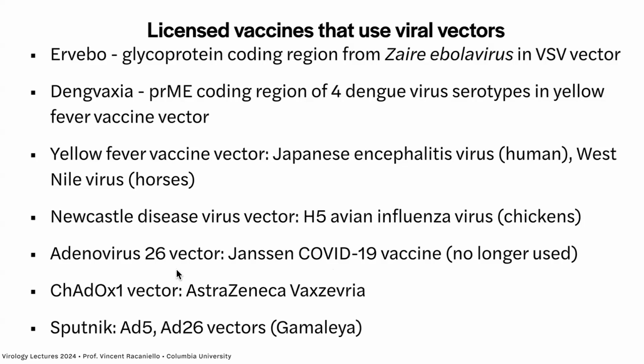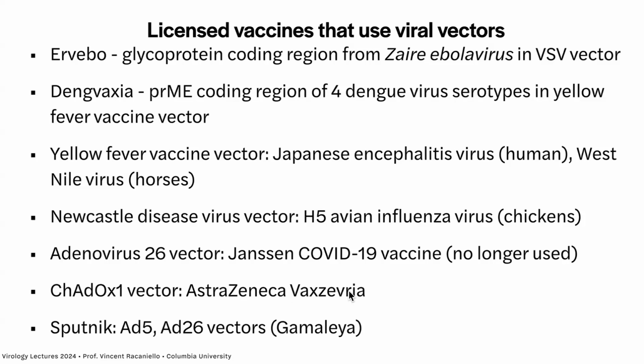You may remember during COVID, an American company, Janssen, made an adeno-26 vector carrying the spike gene of SARS-CoV-2. This turned out to cause severe clotting disorders, rarely, but severe. And so that's no longer used, was withdrawn. ChAdOx vector is a chimpanzee adenovirus vector carrying the spike protein of SARS-CoV-2.